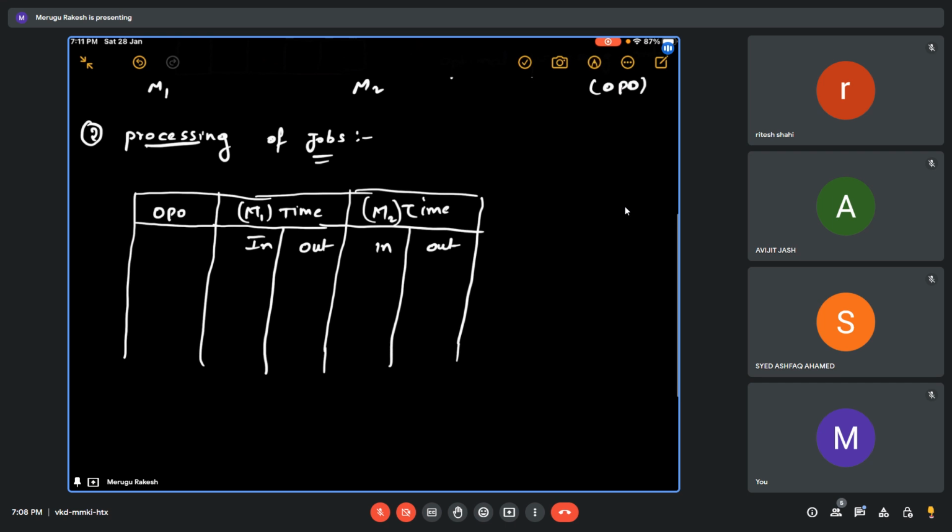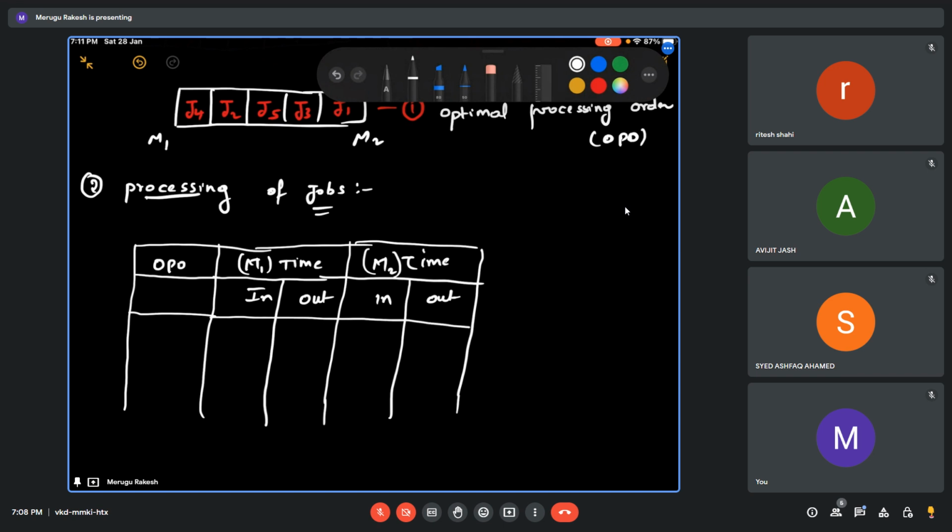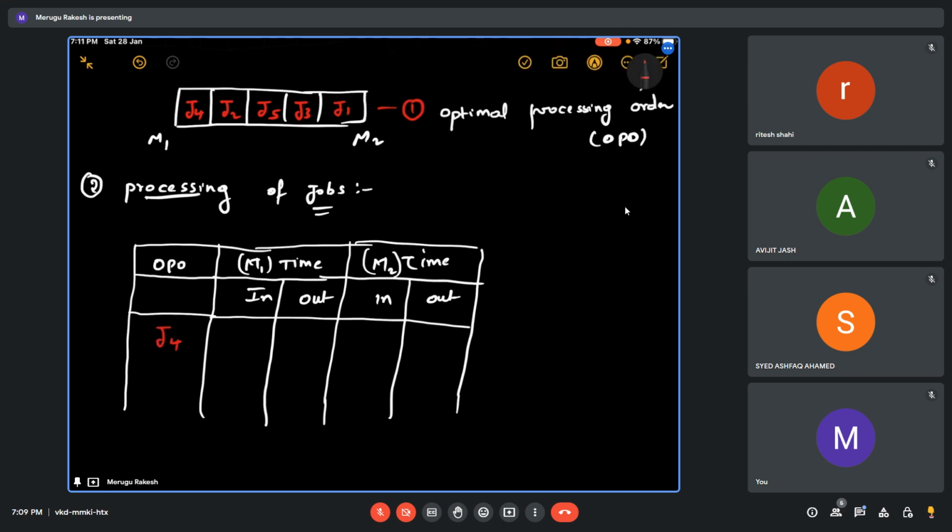So now we have to give the sequence. In first one is J4, then J2, then J5, J3 and J1.